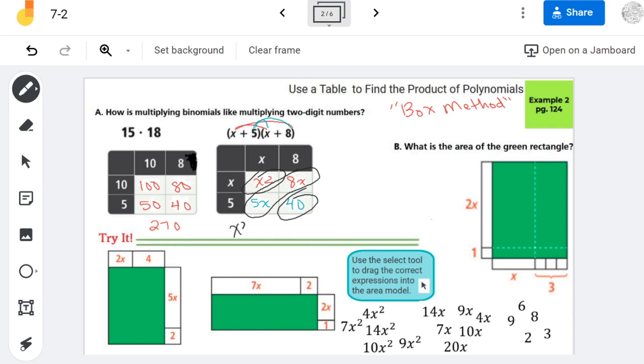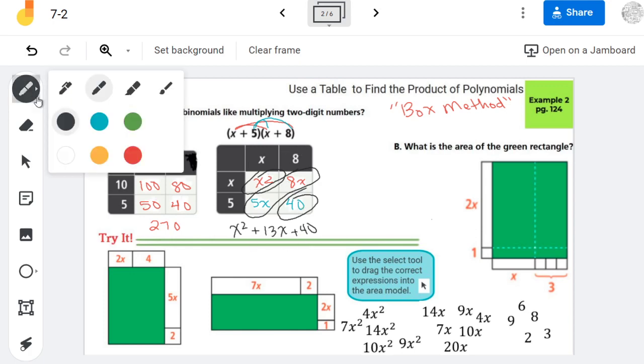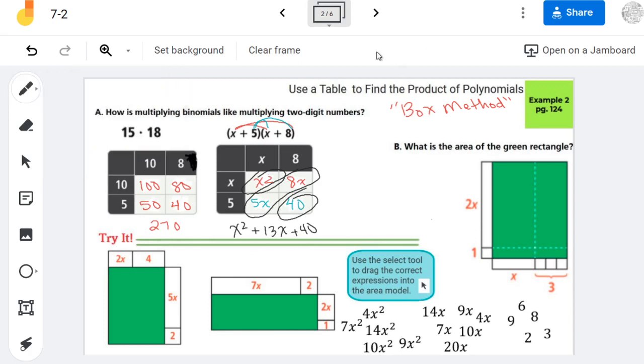So here I have x squared, 5x and 8x makes 13x, and then a plus 40. And so that's how we're going to be multiplying together those binomials. And in fact, you don't have to do this with just binomials. I could do a binomial and a trinomial, which I think is one of our next examples.